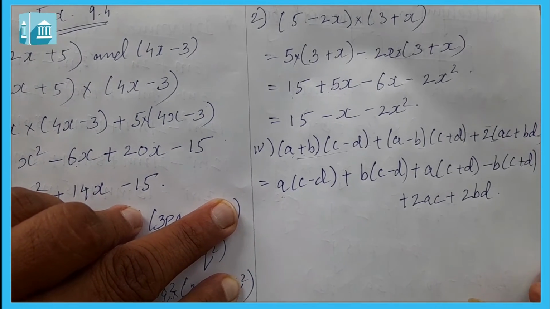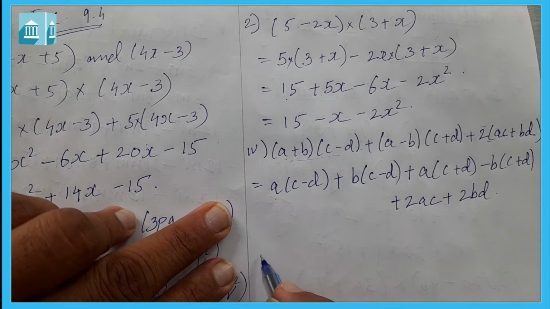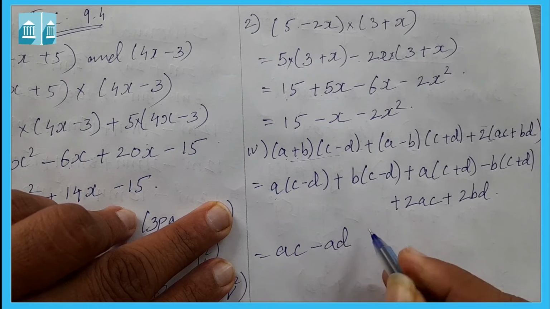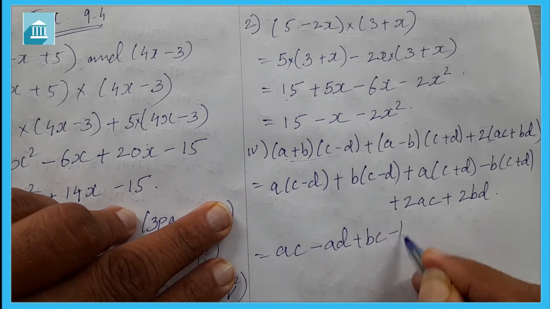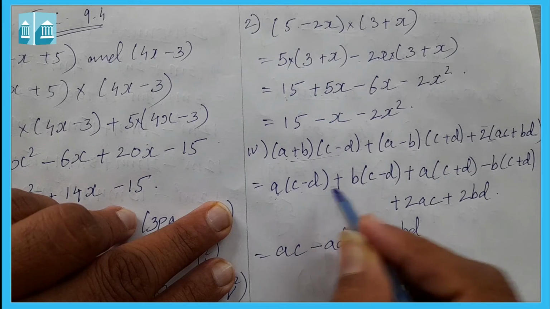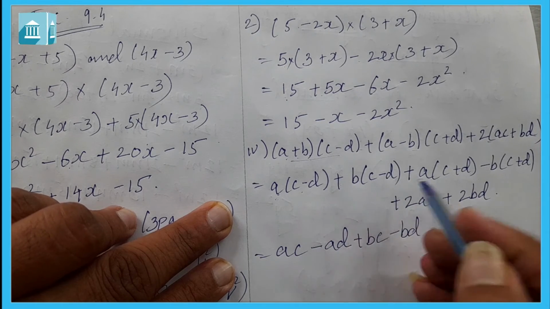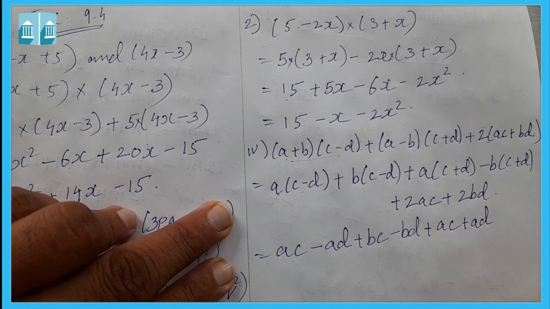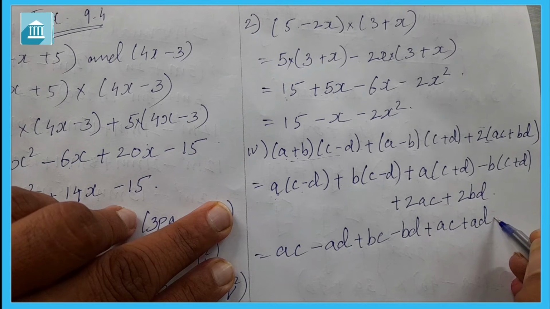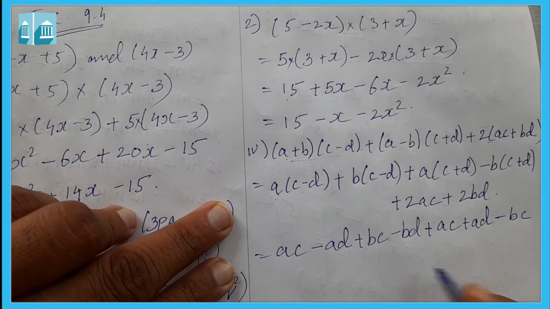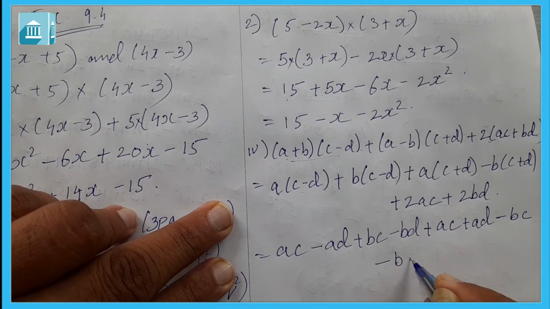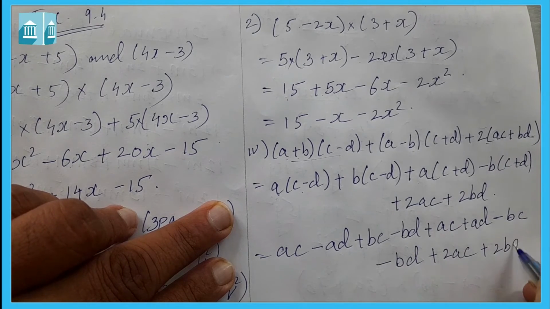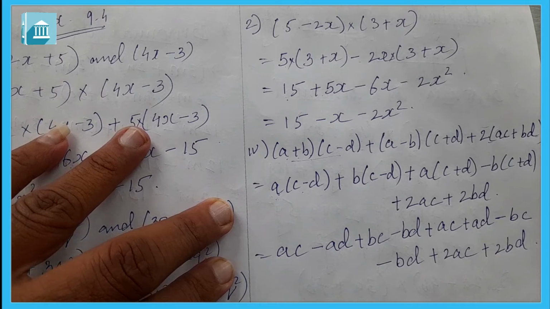Now this will become ac minus ad plus bc minus bd, plus ac plus ad minus bc minus bd, plus 2ac plus 2bd.